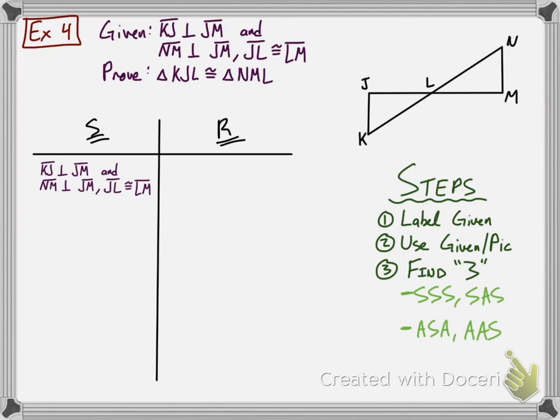So remember, that's that little symbol here, the upside down T, that stands for perpendicular. And that information is given to us. Also in our given, they tell us JL is congruent to LM. So we're going to put our tick marks there because that's something that we do know.